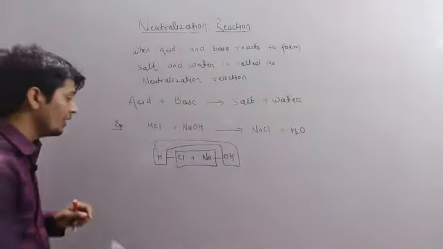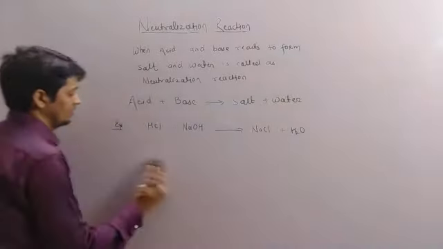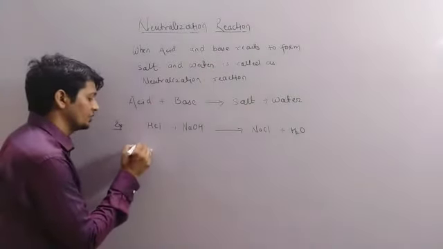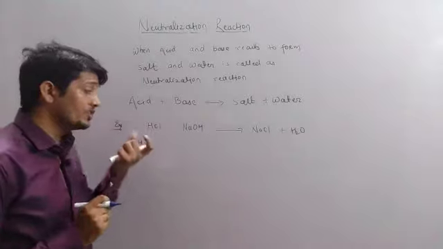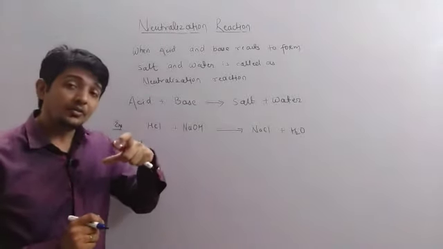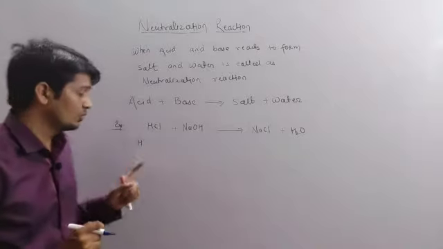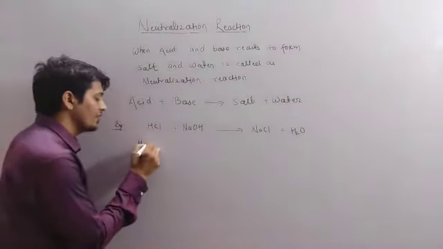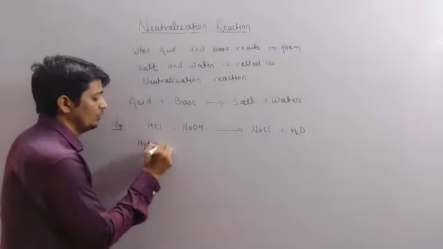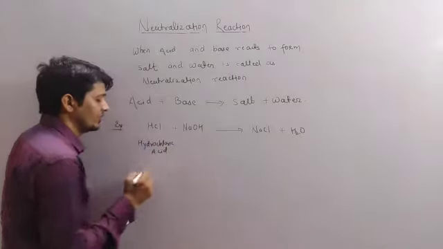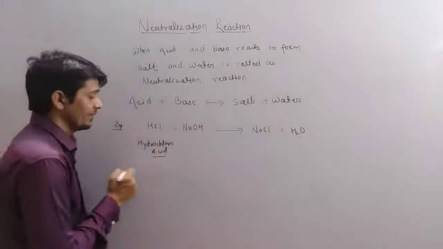So we have to write the names of these chemical substances. Okay, so we have to erase this one. This is hydrochloric acid. You have to mention the names of the compounds when you are writing the reaction. So this is HCl, hydrochloric acid. So this is acid.